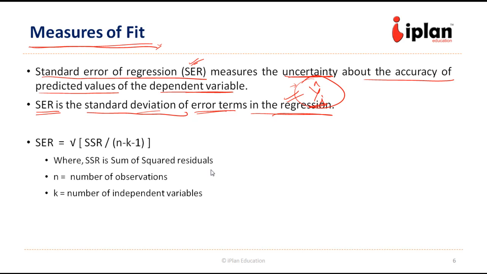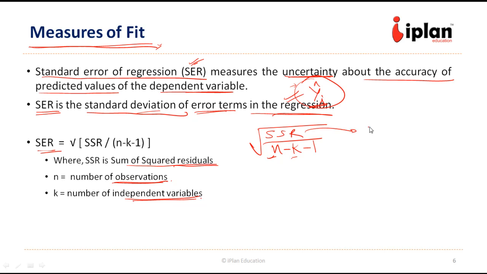Let us look at the formula of the standard error of regression, SER. It is the square root of SSR, which is the sum of squared residuals, divided by n minus k minus 1, where n is the number of observations in our sample and k is the number of independent variables in the equation. And we already know the SSR calculation.